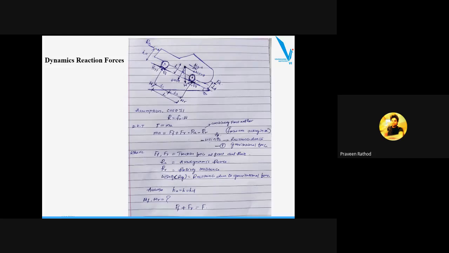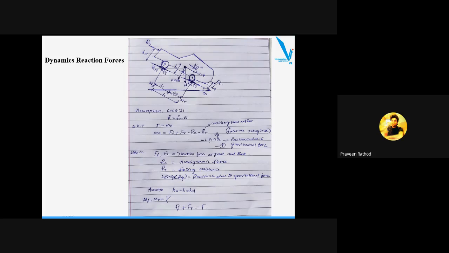So which forces are acting over here? The first force is RA, the aerodynamic force, acting at a height of HA. Two forces are acting in the direction of motion of the vehicle, FF and FR.